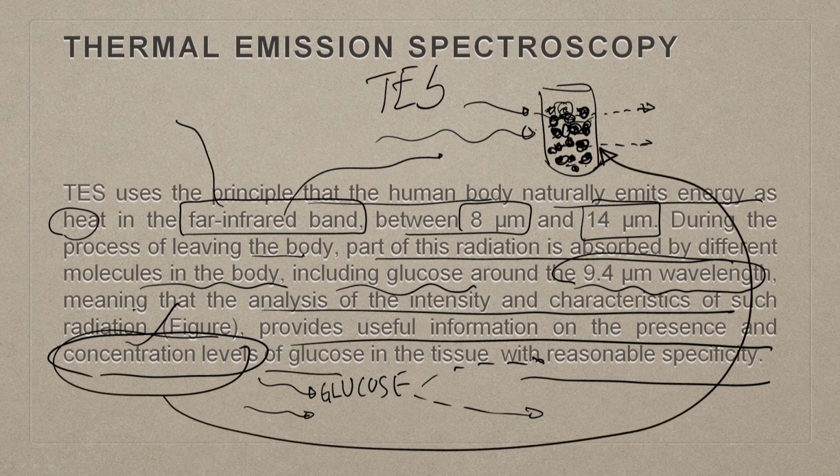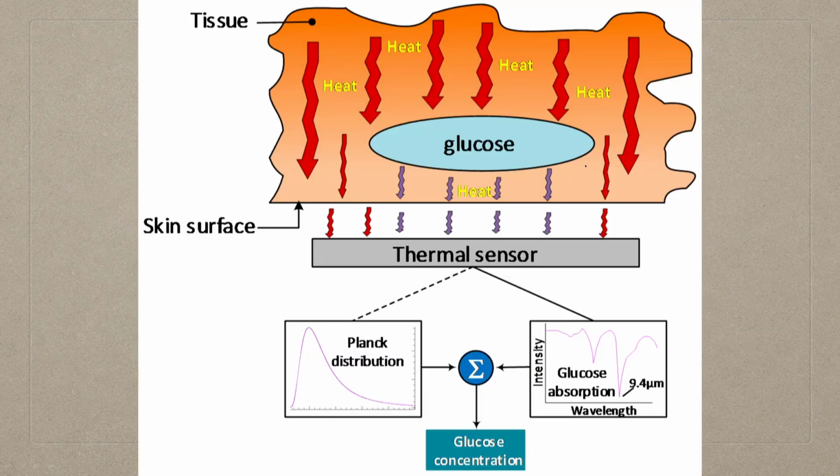Now, this is one of the profound possibilities, thermal emission spectroscopy, and here is the picture. So, for example, this is the heat generated by the body, this is the body tissue. Now, there is a lot of glucose present, and depending on the concentration of the glucose, it absorbs some of it. So, this is the original radiation amount.